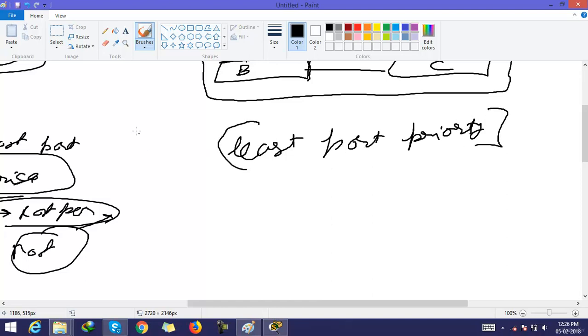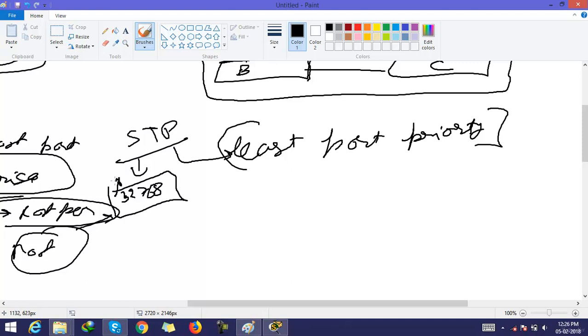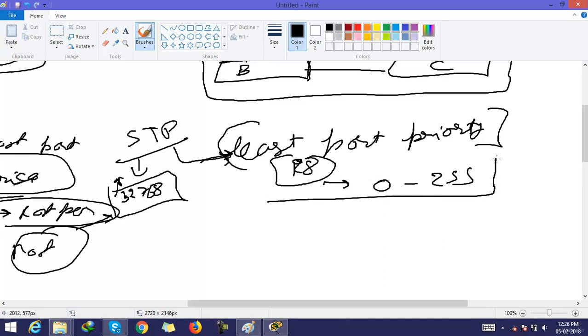In STP, a switch has a priority and a port also has a priority. In Cisco switches, the switch priority is 32,768 by default and the port priority is 128 by default. You can change the priority from 0 to 255. A port that has the least port priority becomes the root port.